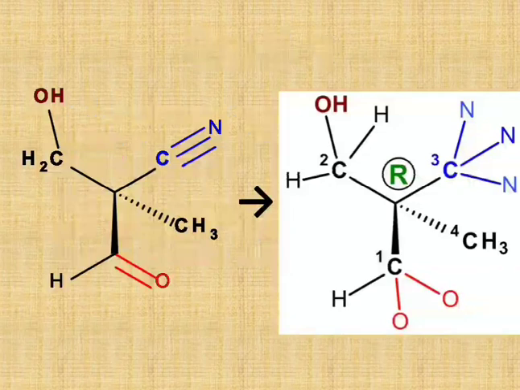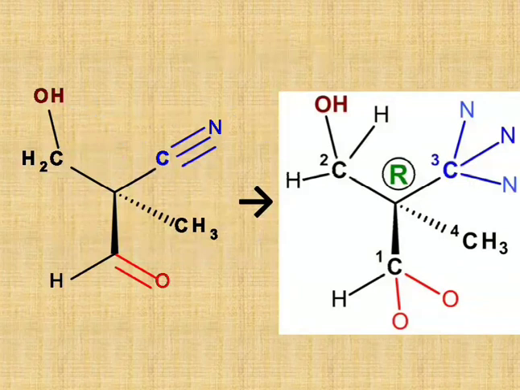In the first molecule, you can see that the carbon is attached to 4 different groups: an aldehydic group coming towards you, a methyl group going away from you, and a cyanide group and primary alcoholic group in the plane of the paper.